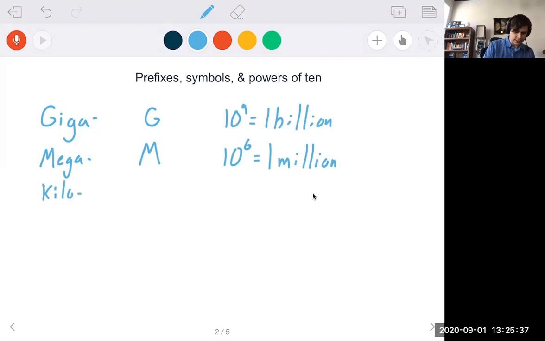Kilo, a lowercase k, 10 to the 3rd. Notice that each one of these, 10 to the 3rd, so we have 3, 6, 9, always going by a factor of 1,000 between these. And this is 1,000.